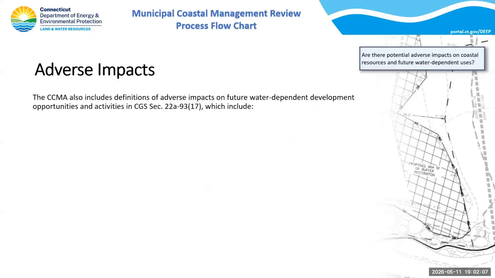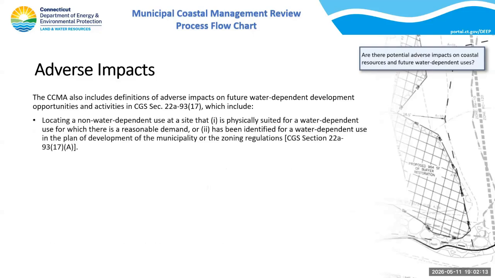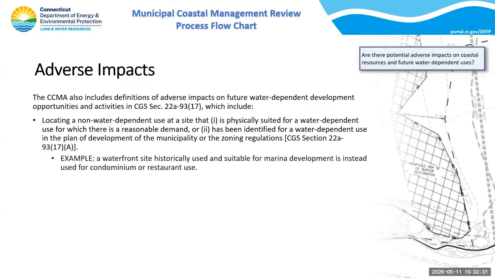The CCMA also includes adverse impacts on water-dependent uses and future development. Those adverse impacts include locating a non-water dependent use at a site that is physically suited for a water dependent use for which there is reasonable demand, or a site that has been identified for a water dependent use in your municipality's plan of conservation and development or in your zoning regulations.